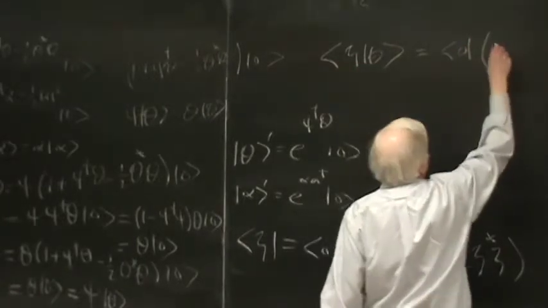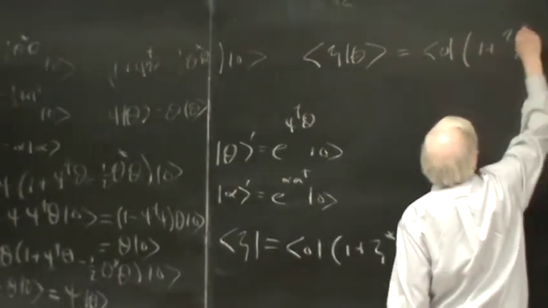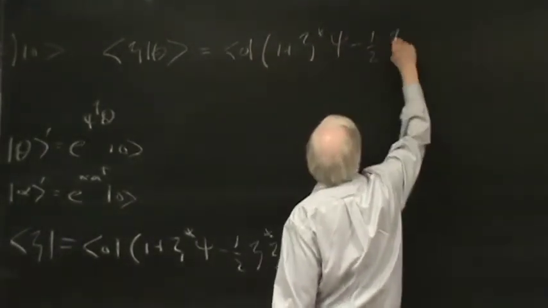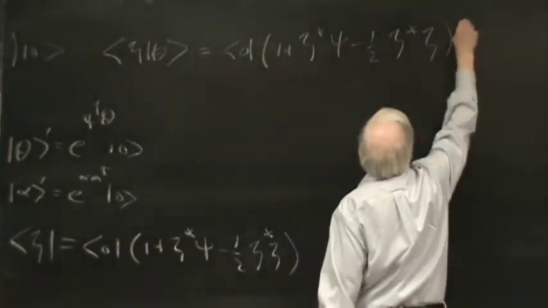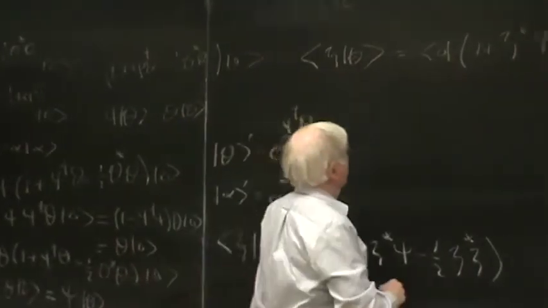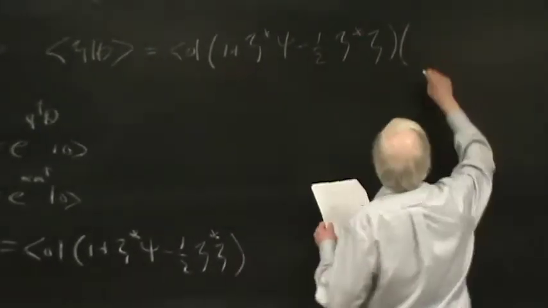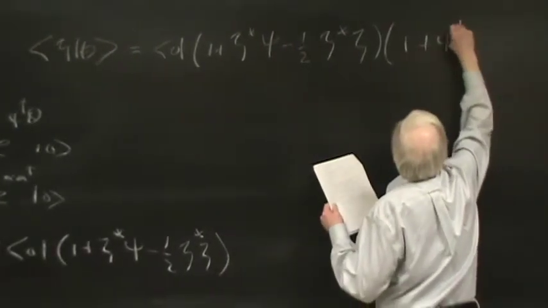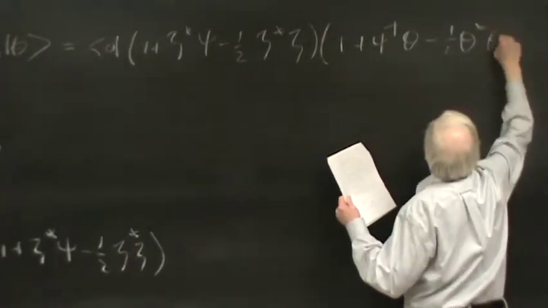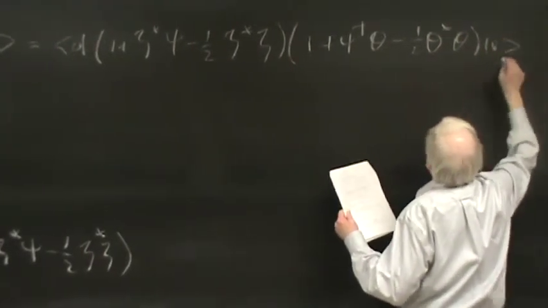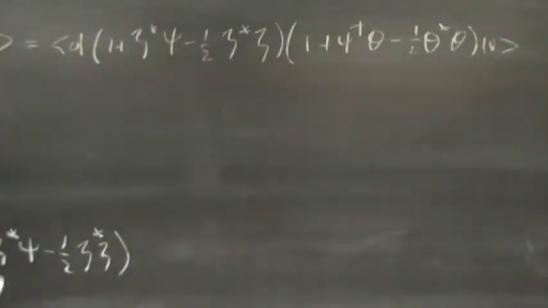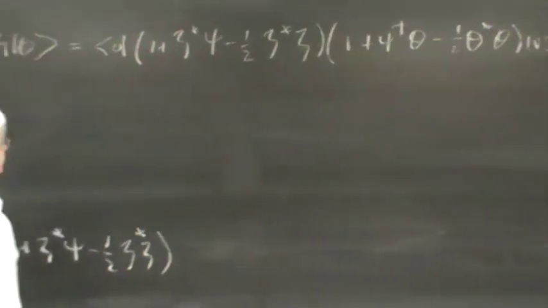This would be 1 plus zeta star psi minus a half zeta star zeta, and then this part is over here, and it's 1 plus psi dagger theta minus a half theta star theta on 0, or ground state of the vacuum, or whatever.